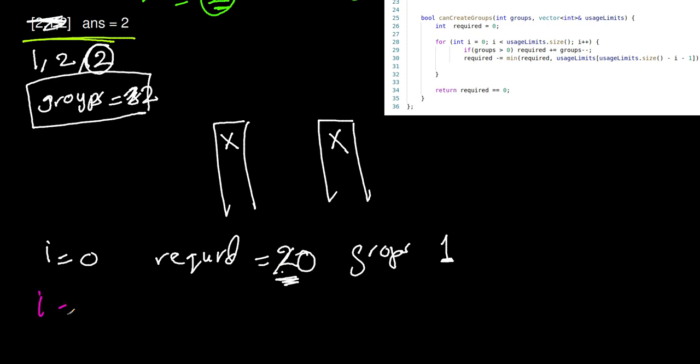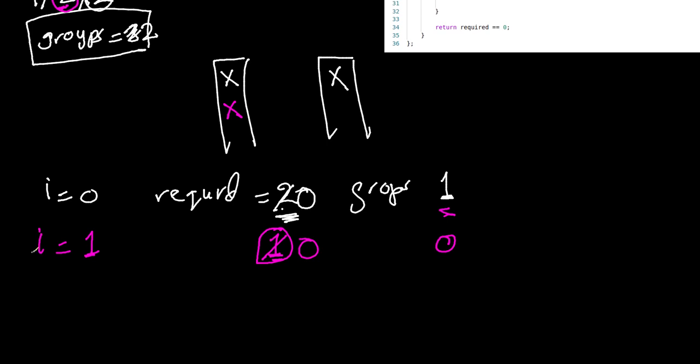Now for I equal 1, required is 1, groups minus minus is 0. Now the required is 1, and here we have 2, so we take one from these 2. 1 minus 1 is 0.